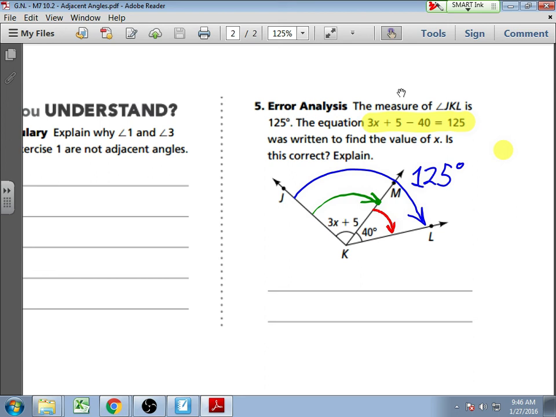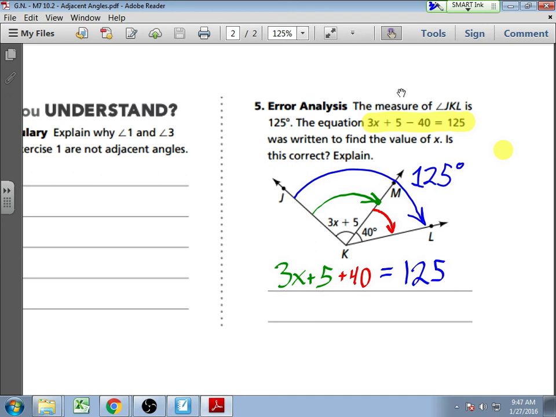Forget about their equation for a second. You were building the equation to express this. We start with our little angle, 3x plus 5. What would you do next then? Plus 40 will equal the full angle of 125.